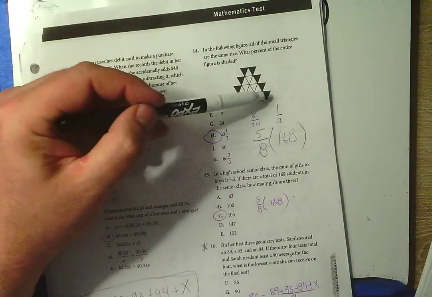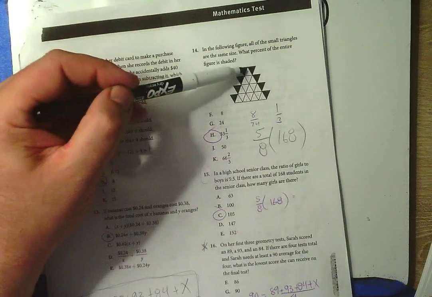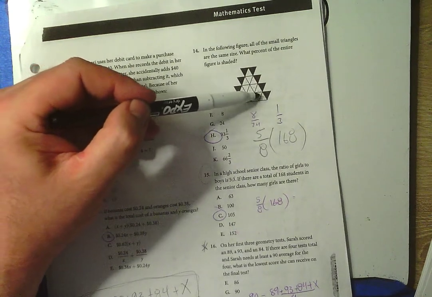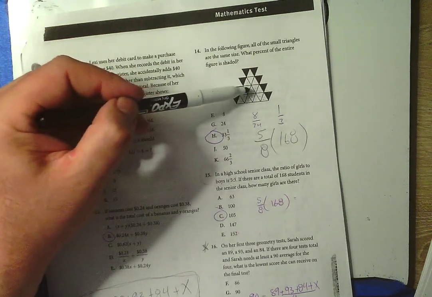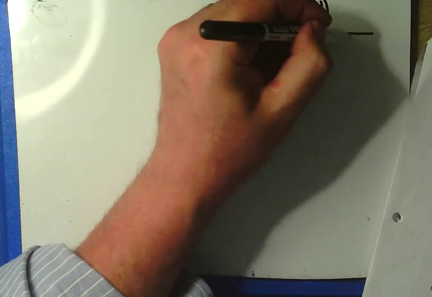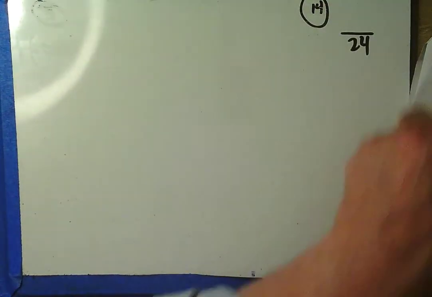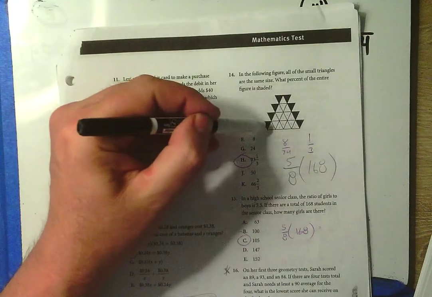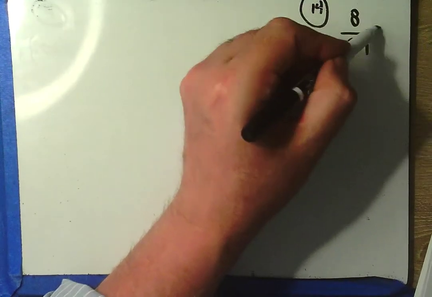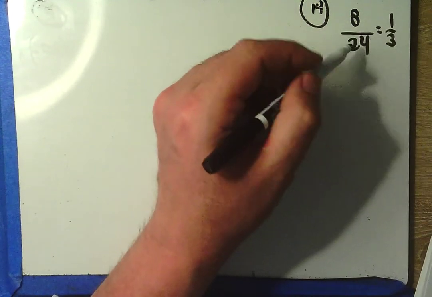I see 1, 2, 3, 4, 5, 6, 7, 8, 9, 10, 12, 13, 14, 15, 16, 17, 18, 19, 20, 21, 22, 23, 24. I see 24 total. And what percent of them are shaded? 1, 2, 3, 4, 5, 6, 7, 8. 8 are shaded. And this reduces to 1 in 3.